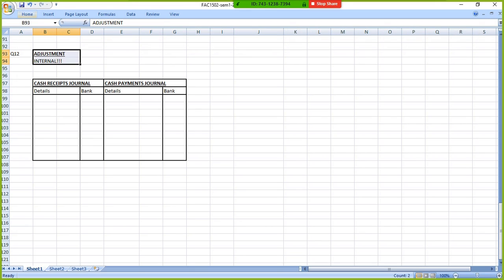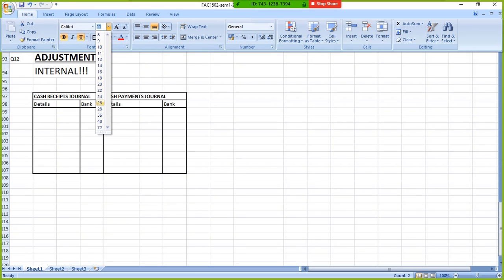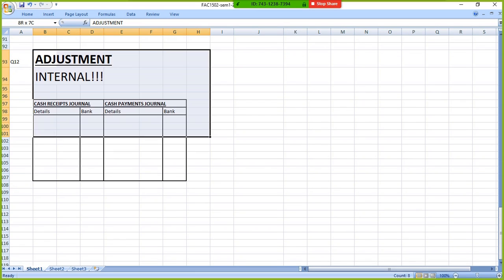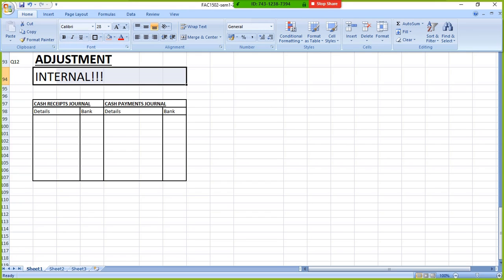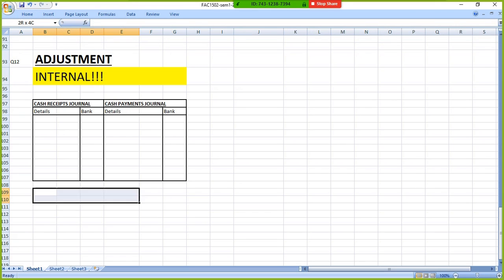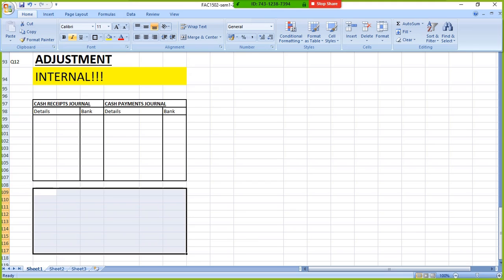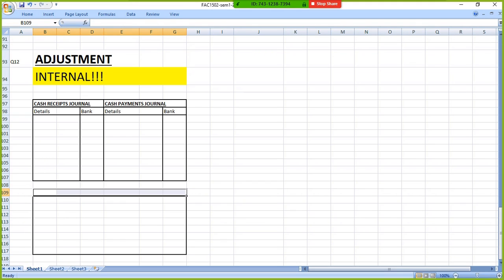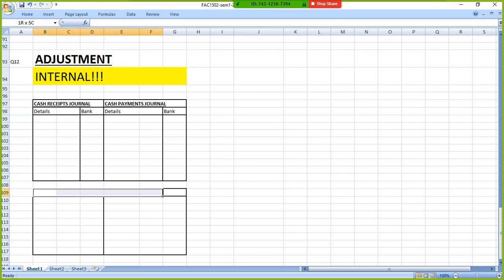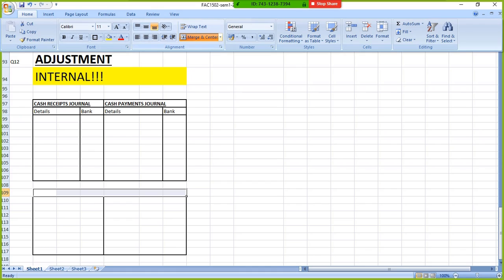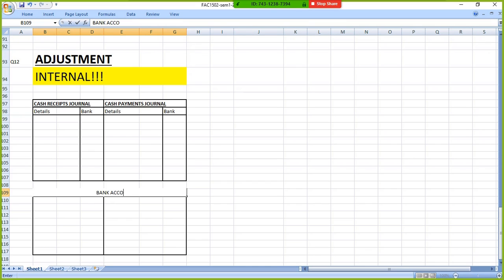Why? It's internal. What's on the left stays on the left. What's on the left is things that I can do inside the business. What else do we have inside the business? Well, we have a T account. We have a general ledger. Can I adjust my general ledger? Of course I can. It's internal. I can do whatever I like in my accounting records as long as it's in line with IFRS. So in the general ledger, you'll have a T account like that.